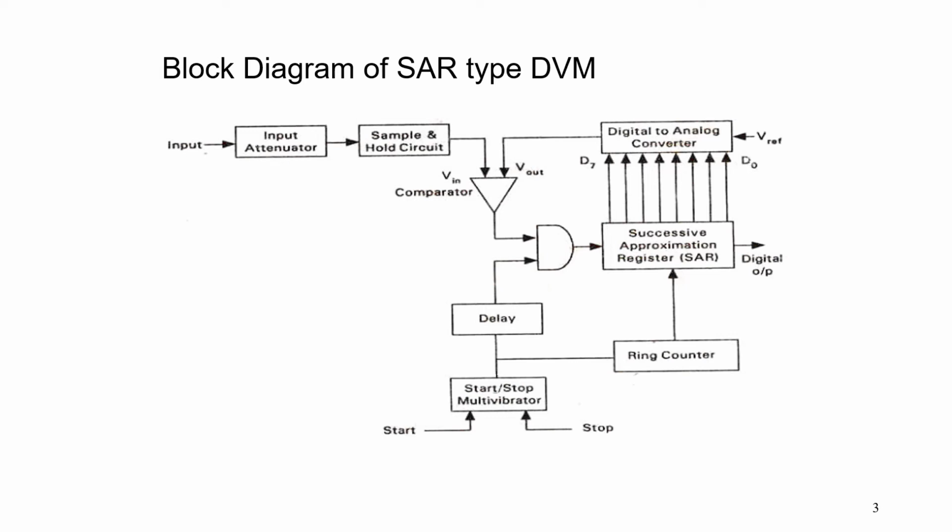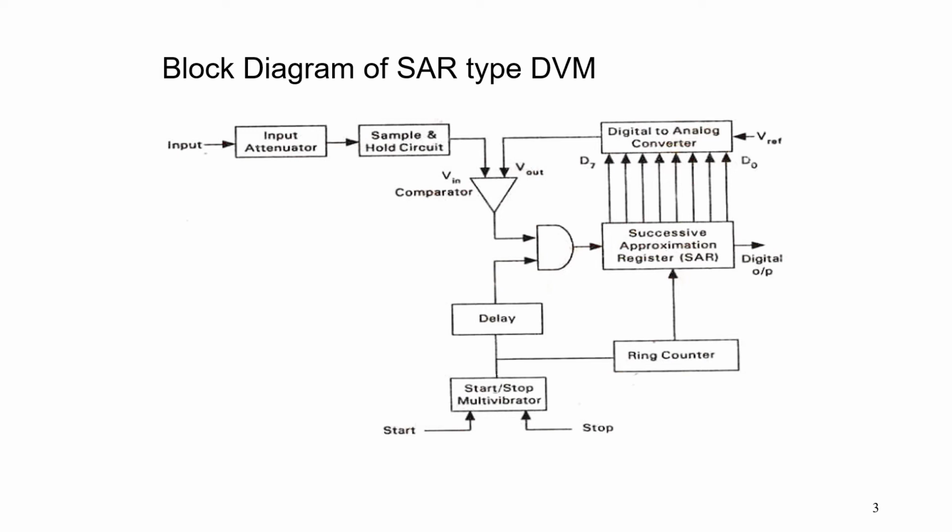The ring counter then advances by 1 count, shifting a 1 into the second MSB of the control register, and the reading becomes 11000000. This causes the D to A converter to increase its output by 1 increment to 1/4 V, that is half V plus 1/4 V, and again it is compared with the unknown input.